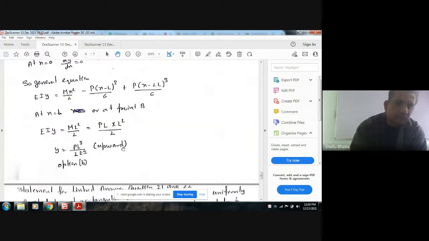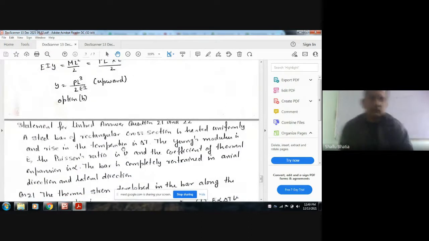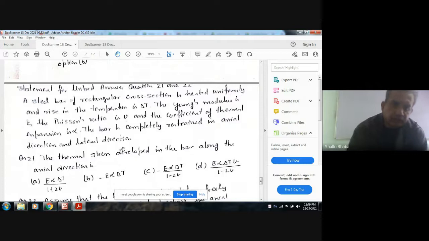Next, the statement for linked answer questions 21 and 22. A steel bar of rectangular cross section is heated uniformly and the rise in temperature is delta T. The Young's modulus is E, the Poisson's ratio is mu, and the coefficient of thermal expansion is alpha.